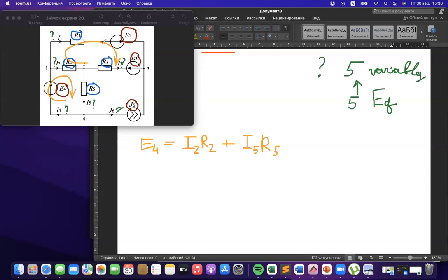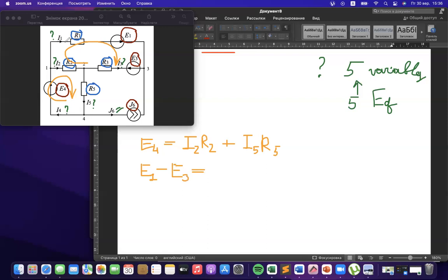The second equation will be in the upper mesh. We have two sources. One is directed the same as the arrow. The second one is directed opposite, comparing with this orange arrow. It will be taken with minus.